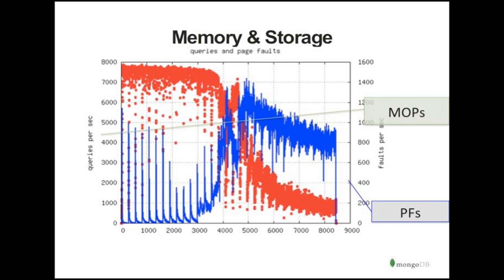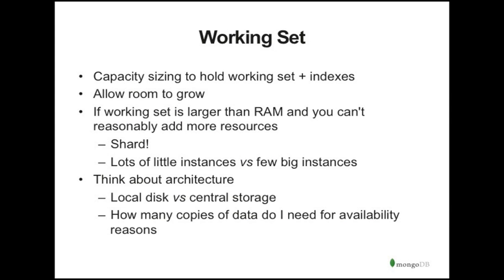If you don't have enough size in your RAM to hold all your active data sets, you will start to see a slowdown in the number of queries per second that your Mongo can provide.